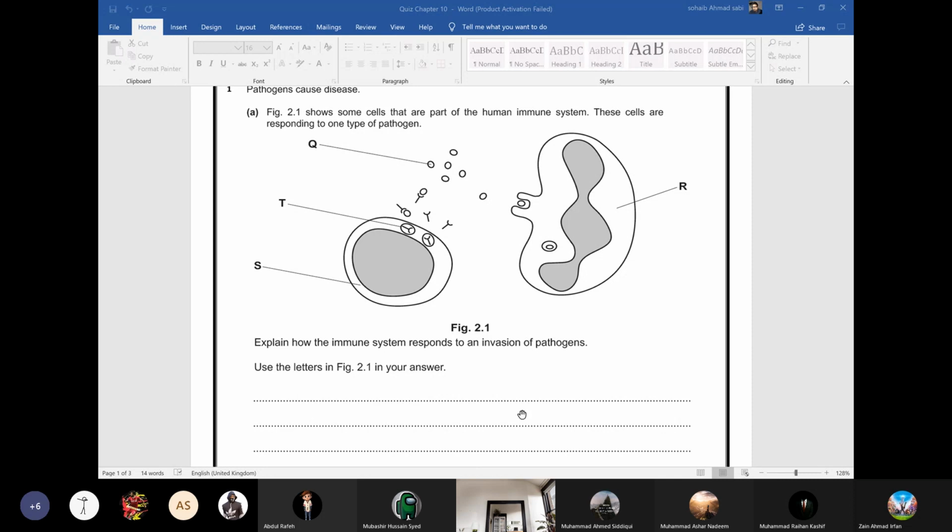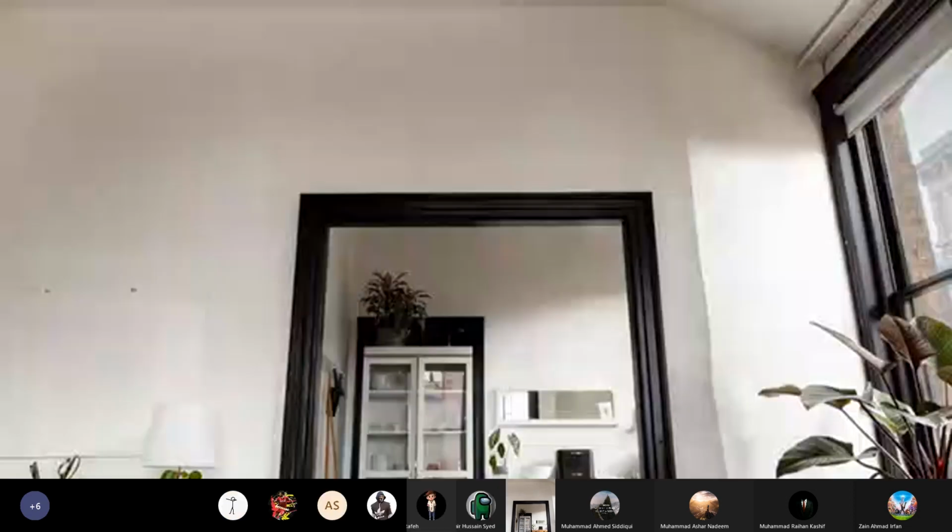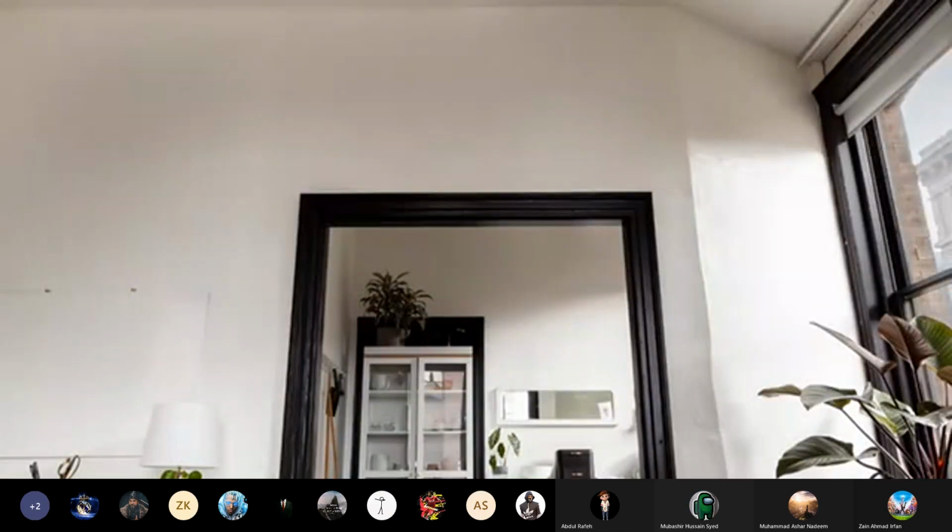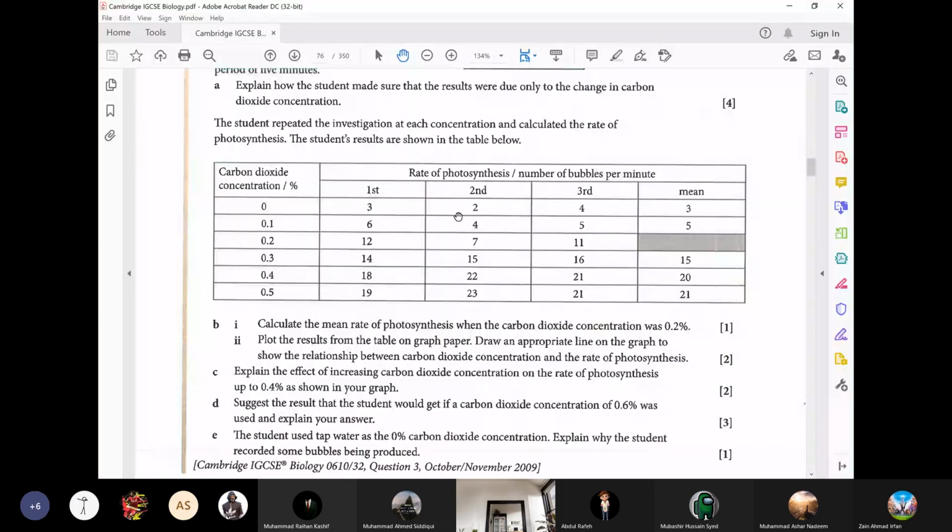Yeah, let me show you guys. Look here, all these are filled. This one is left. You have to do this one, right? So this is the mean, right? So what you will do, you will count them all, divide by 3, and you will get the mean, right?